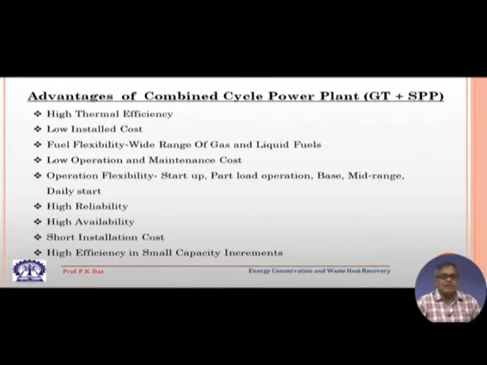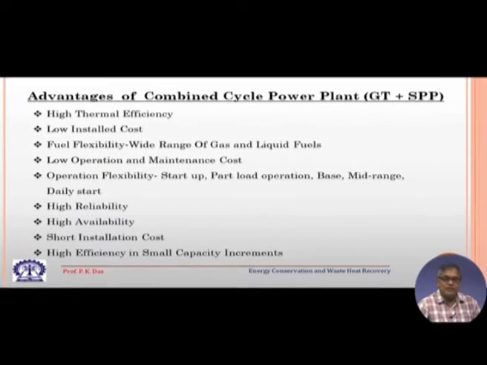Our focus, as I have told, is that one of the successful exploitations of the principle of combined cycle power plant is the combination of gas turbine and steam power plant. So, keeping that in mind, we have noted down what are the advantages of combined cycle power plant.